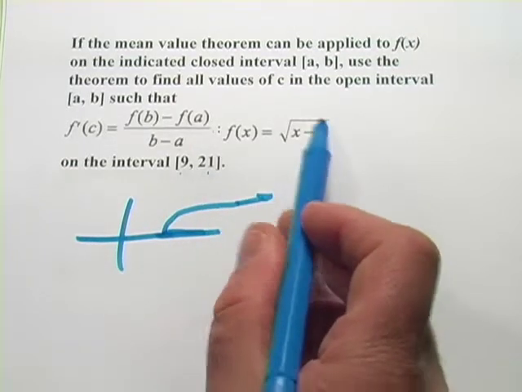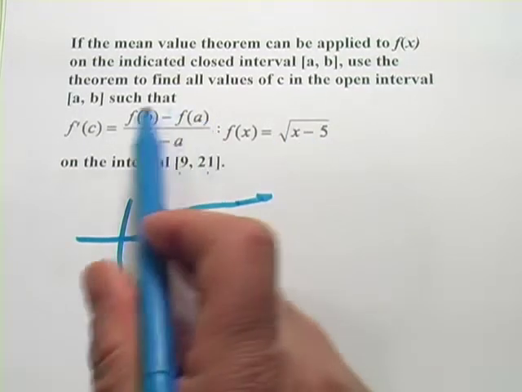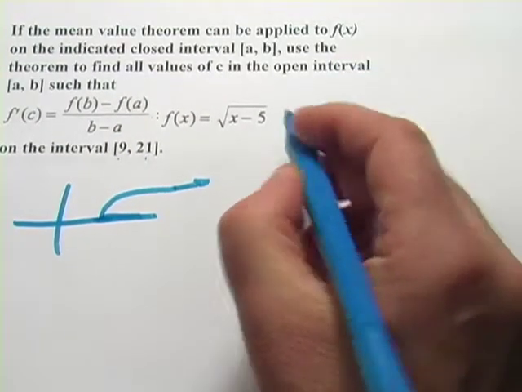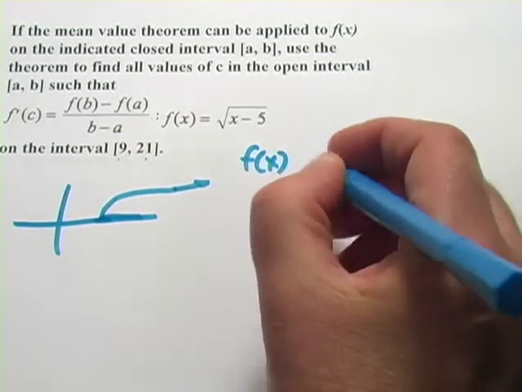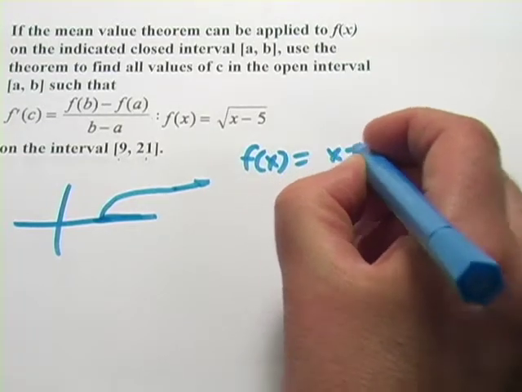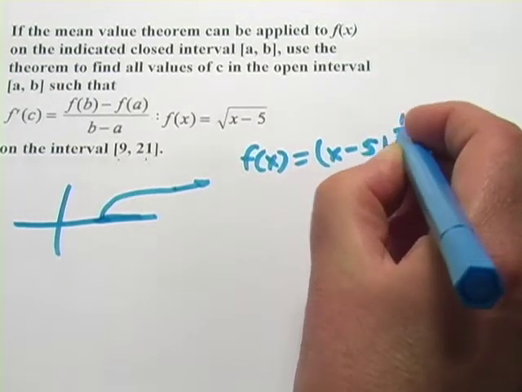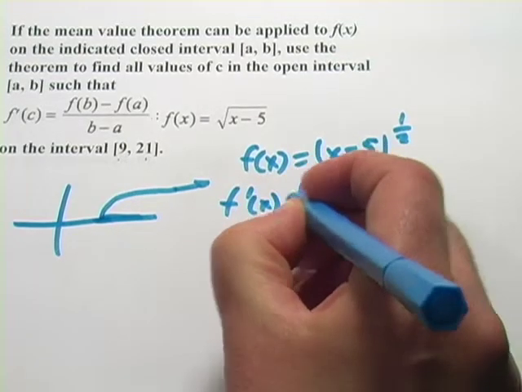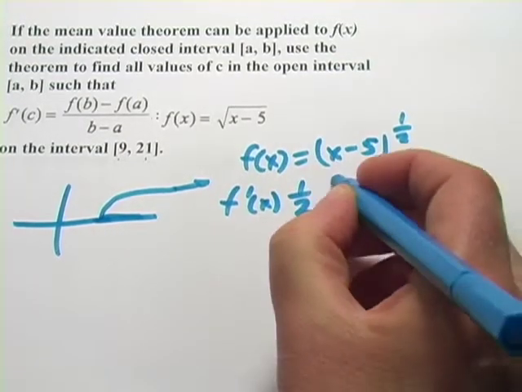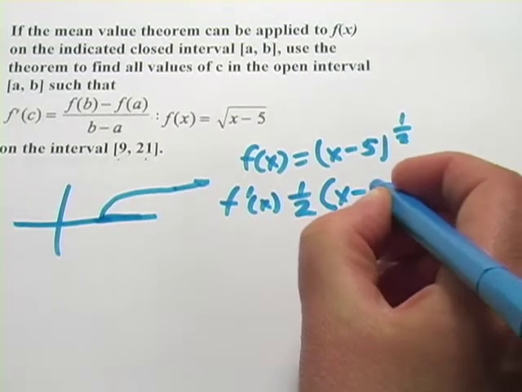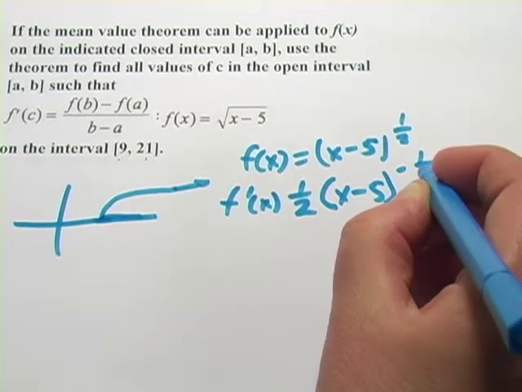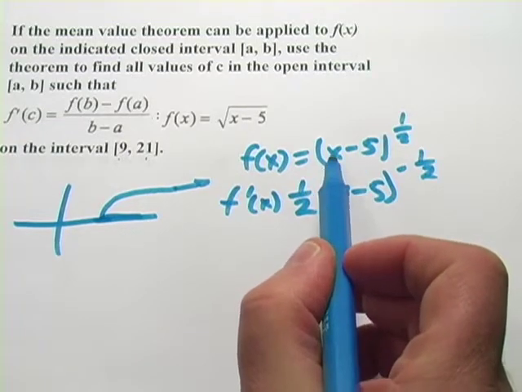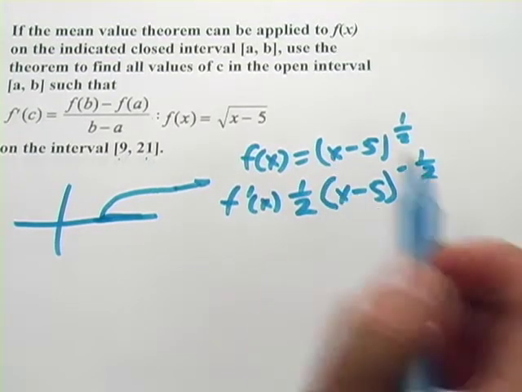So we can go ahead and take the derivative of this and then set it equal to this slope formula up here. So let's take the derivative, and I think I'm going to rewrite this function first as x minus 5 to the 1/2 and apply the power rule. So f prime of x would be 1/2 times x minus 5 to the negative 1/2, and then we would multiply by the derivative of the inside, but the derivative of the inside is just 1.